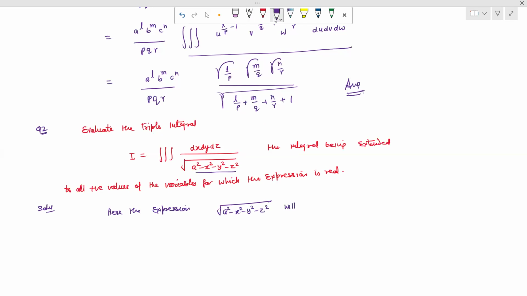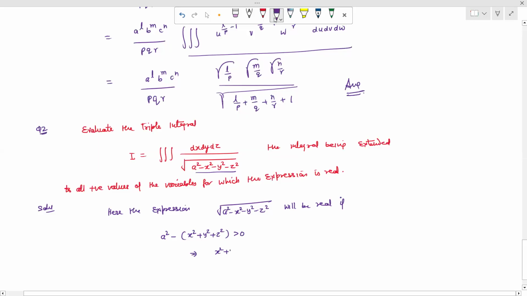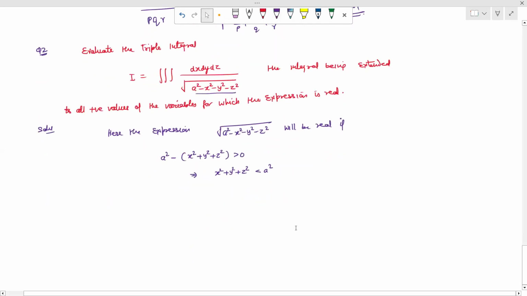This will be real if a square minus x square plus y square plus z square is greater than 0, or we can say that x square plus y square plus z square is less than a square. So this can be written as x square upon a square plus y square upon b square plus z square upon c square less than 1. So now this is the condition.